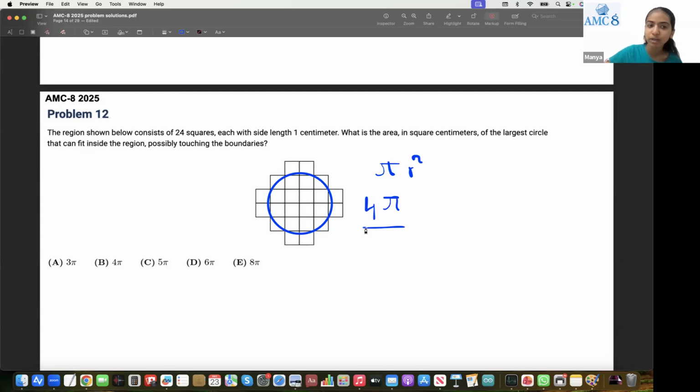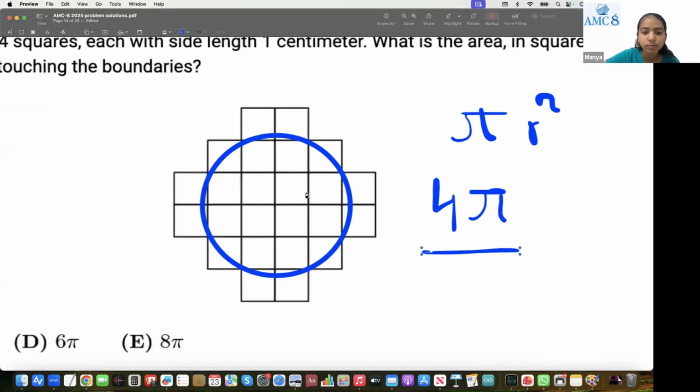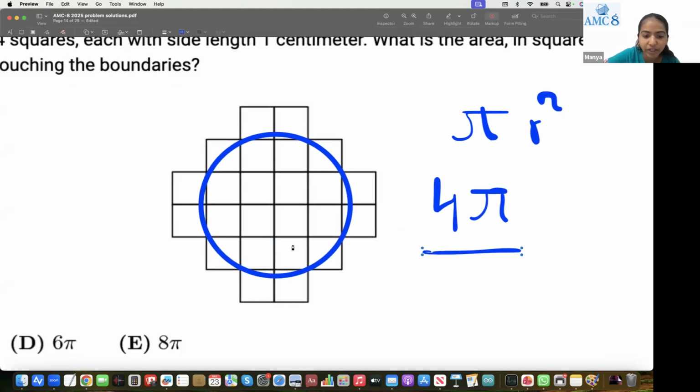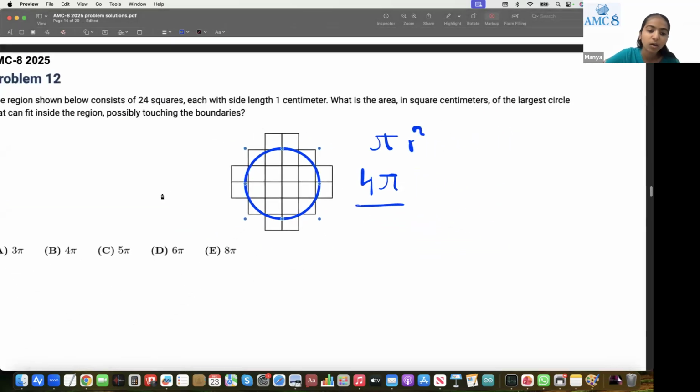It's not exactly 2, but it's more than 2, and less than 2.5. So the area has to be slightly more than 4 pi. In this case, 1 more than 4 pi would be equal to 5 pi. And once again, we know that it's more than 2 because of this area right here. It has to be the largest circle possible, but cannot be more than this grid. And so it has to be slightly more than 4, which would give us 5.